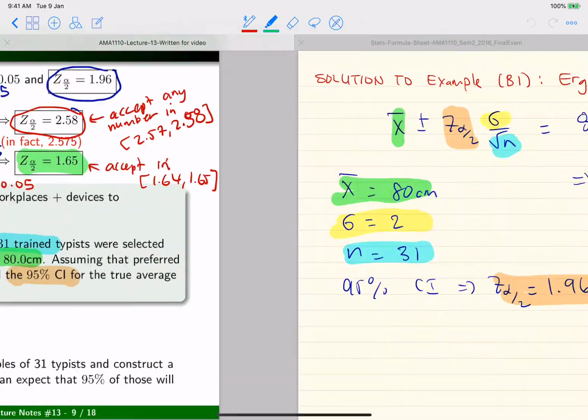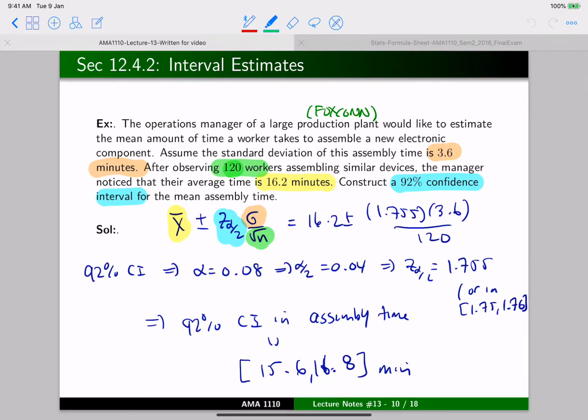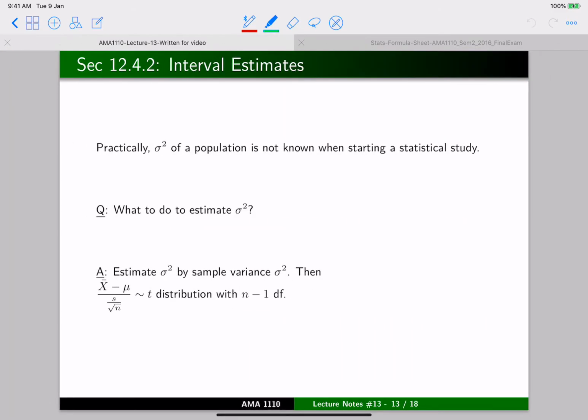But most of the time, in real studies, the population standard deviation is not given. It's not known at the very outset of a statistical study. So what do you do in this case? What we do is estimate the population variance or standard deviation by the sample variance.